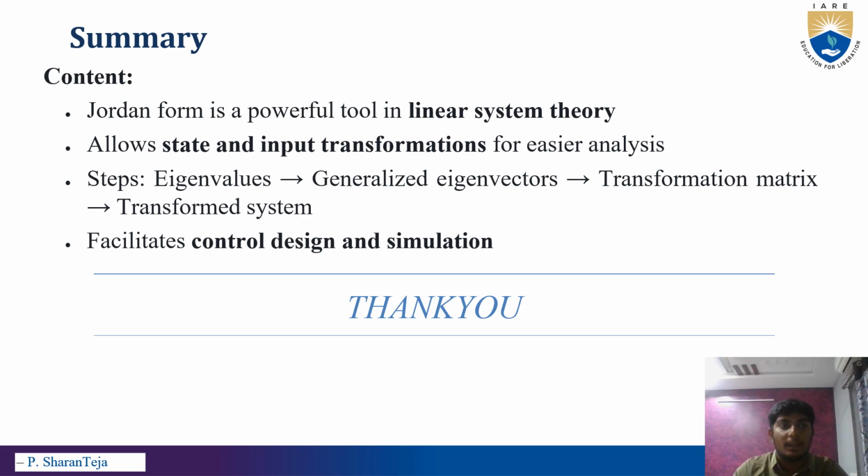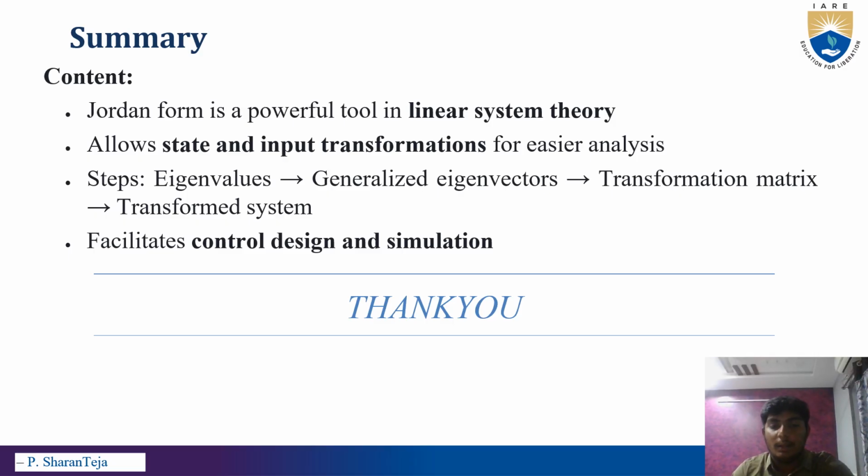Summary and conclusion. To conclude, the Jordan form converts a matrix into a structured block diagonal form, revealing its fundamental properties. The transformation x = Tz simplifies analysis without changing the physical meaning.